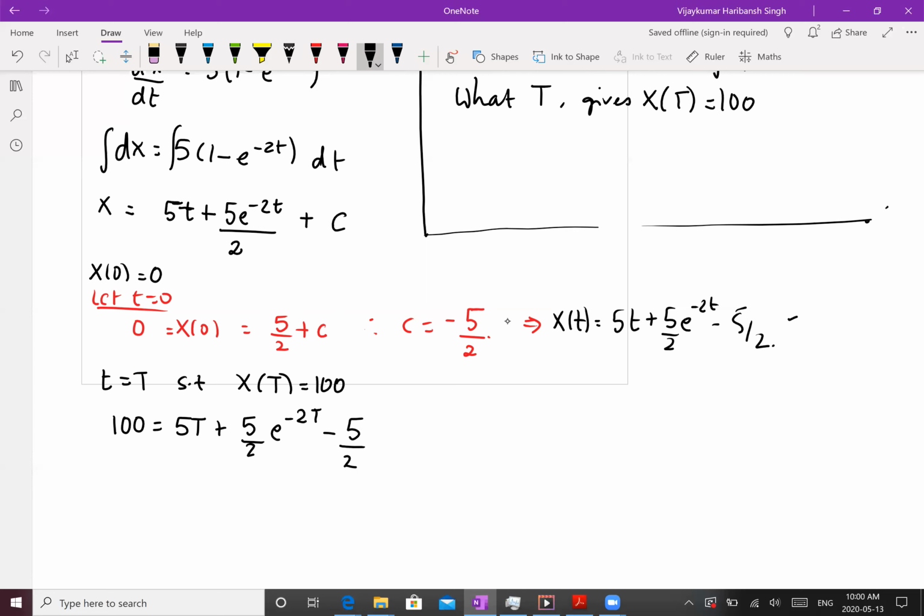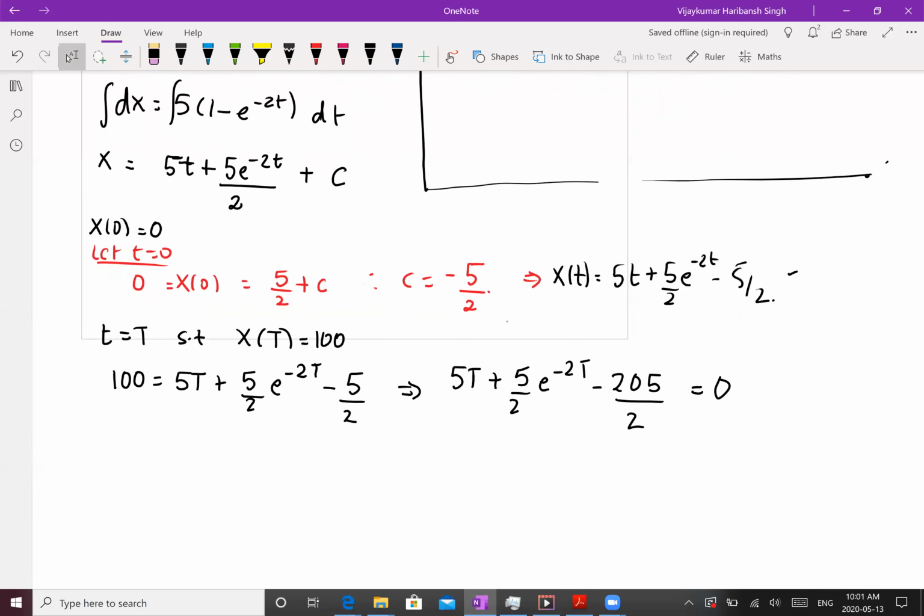Now bring this on the other side. You'll get 5t plus 5 by 2 e to the power minus 2t, minus, 100 plus 5 by 2, which is 200 by 2 plus 5 by 2, which is 205 by 2, equals 0. So this is what your t is.